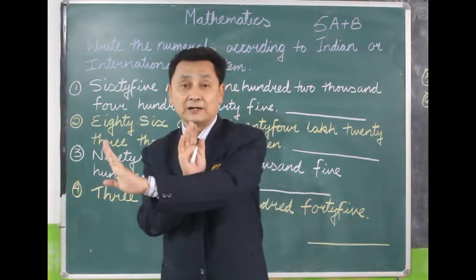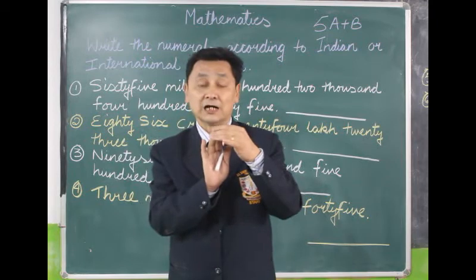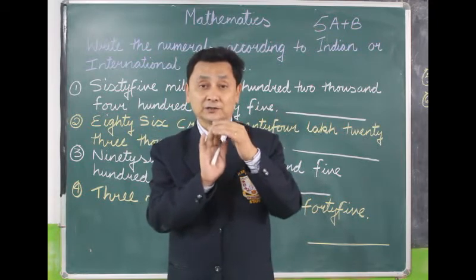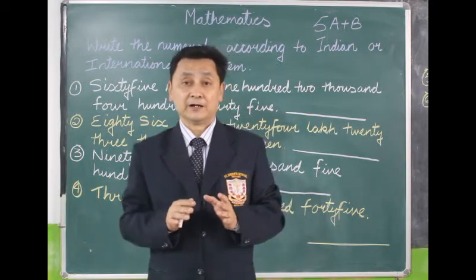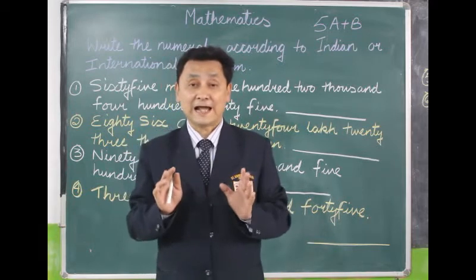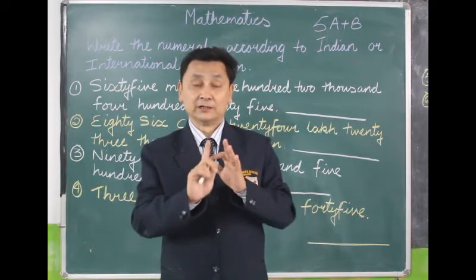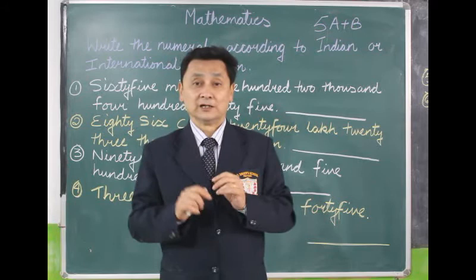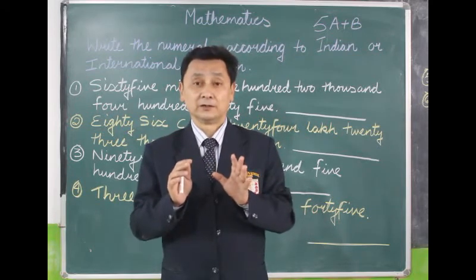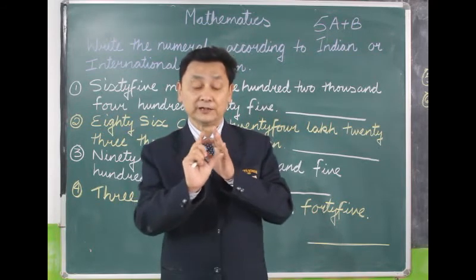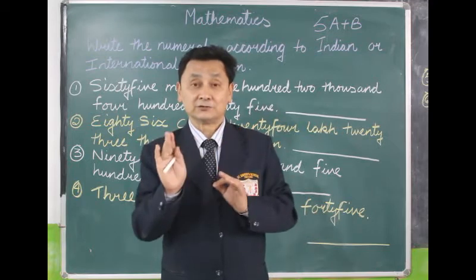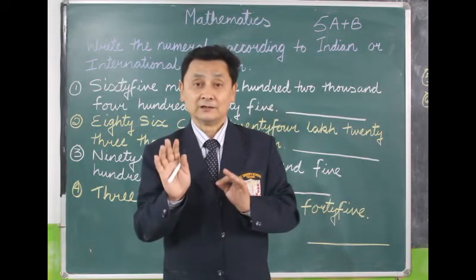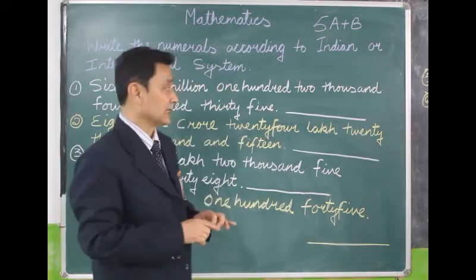Though there are some other numbers, we are only going to learn up to million. So dear children, remember, if it is in crore, lakh, you must remember 3, 2, 2, 2. If it's in million, the digits should be 3, 3, 3. Okay, you got that? Let's begin our today's class.